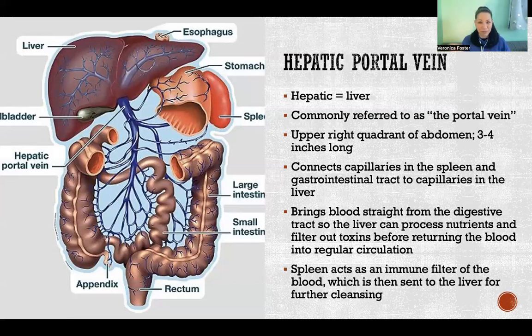So whatever debris is coming from the spleen, it could be dead white blood cells, it can be dead bacteria, things that could be live if we didn't quite fight that infection yet. Whatever is coming from the spleen is going to the liver, where the liver can cleanse and detoxify it, and hopefully help us excrete that.